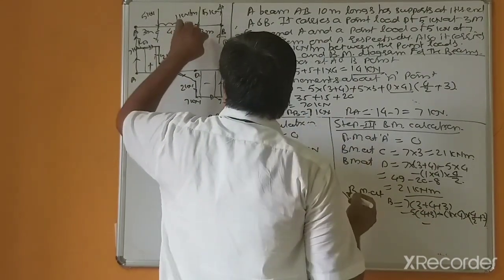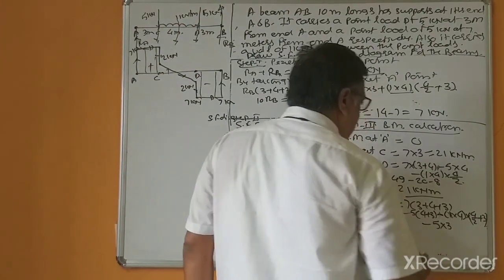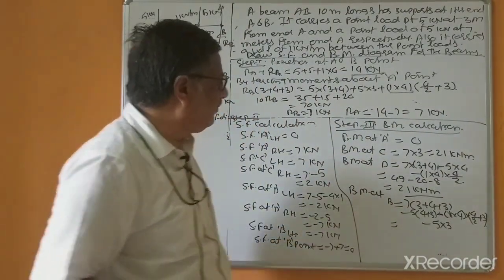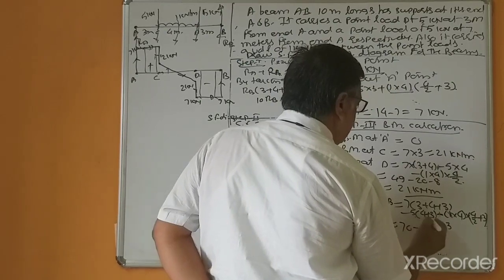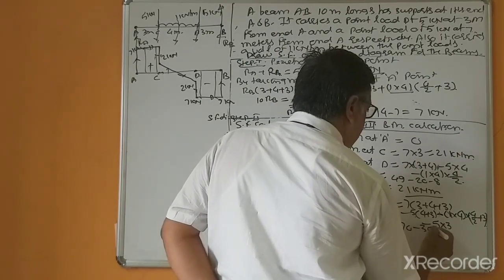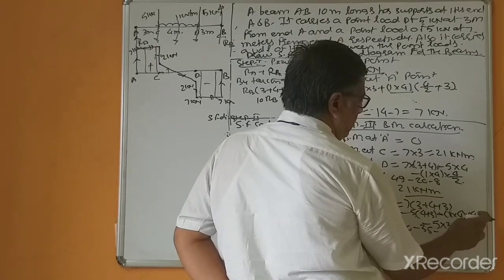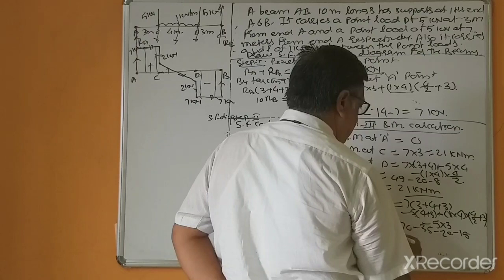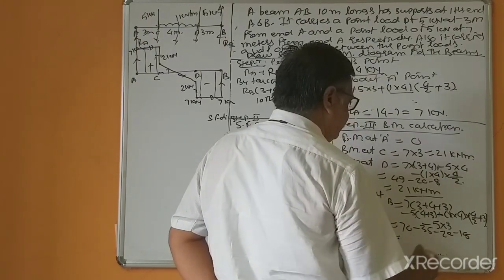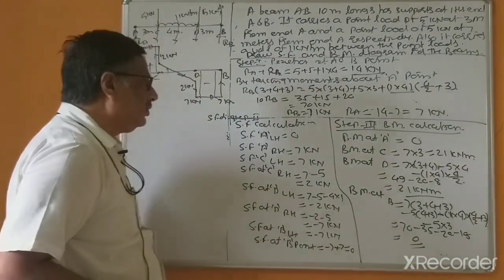Again negative 5 multiplied by 3. And this is 70 minus 35 minus 20 minus 15, and this is equal to 0.